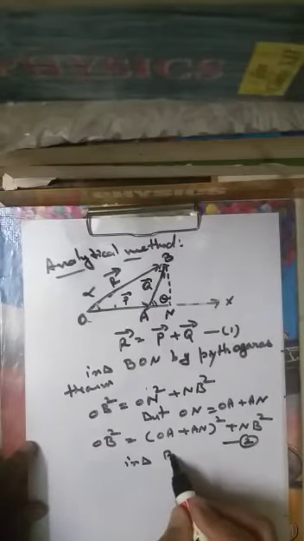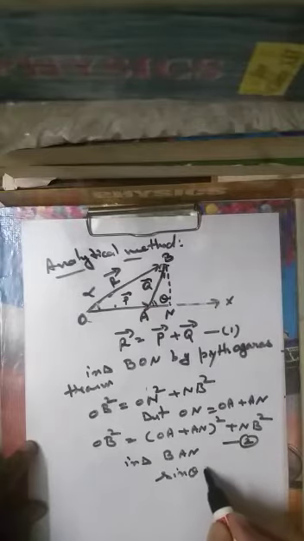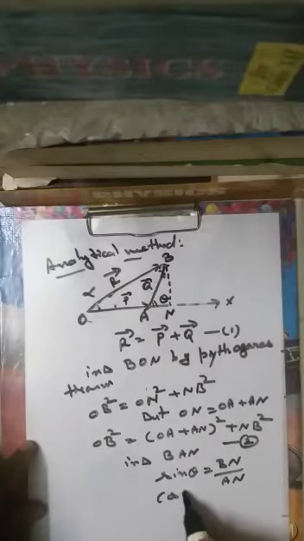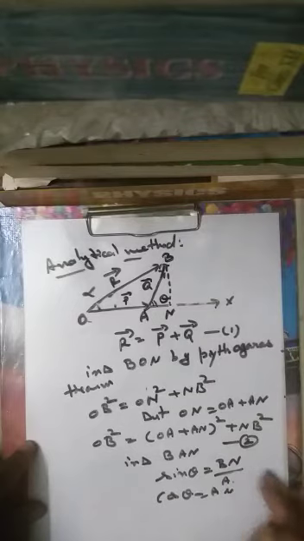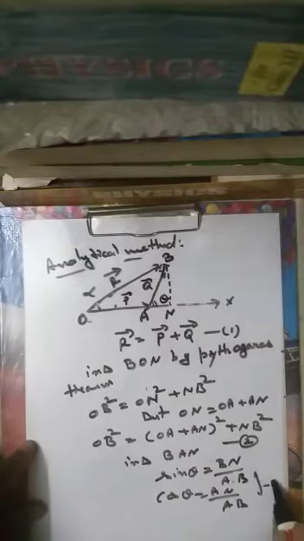In triangle BAN, sin theta is equal to BN upon AB and cos theta is equal to AN upon AB. This is equation number 3.